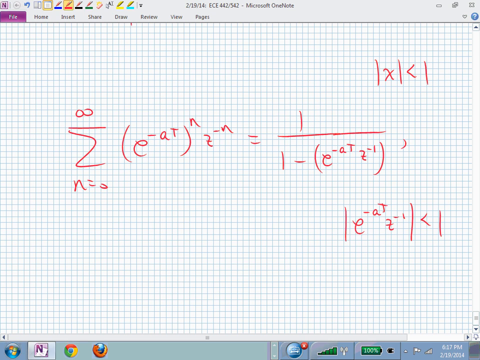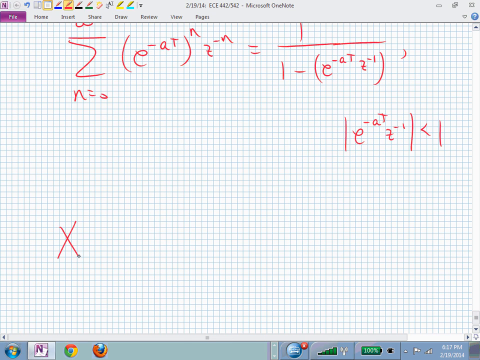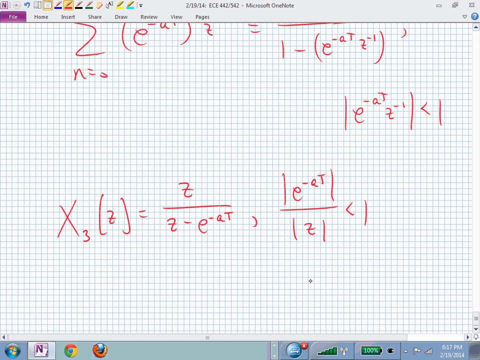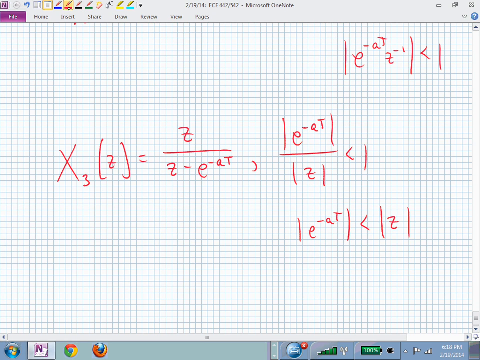So that I now know that capital X sub 3 is equal to, and if I multiply by 1 in this expression, where 1 is z over z, I end up with z over z minus e to the minus at, and that's true as long as e to the minus at over z is less than 1, or as long as the absolute value of z is outside this radius r defined by e to the minus at.